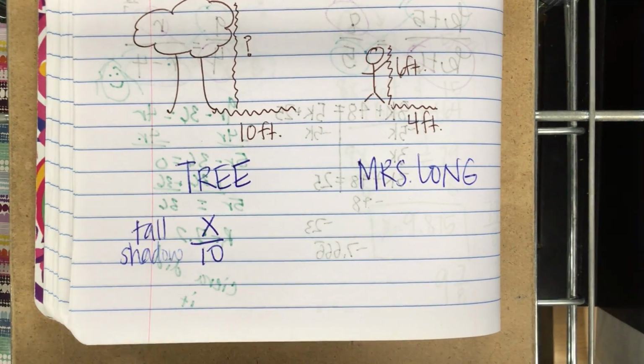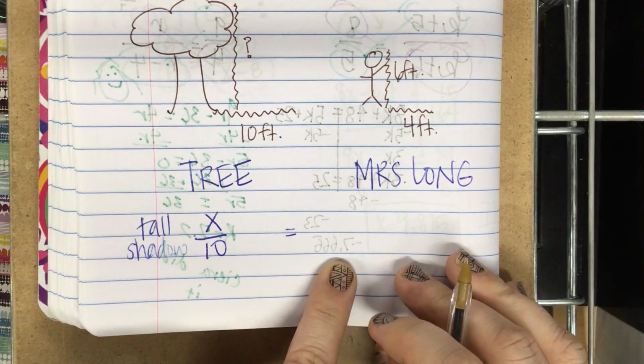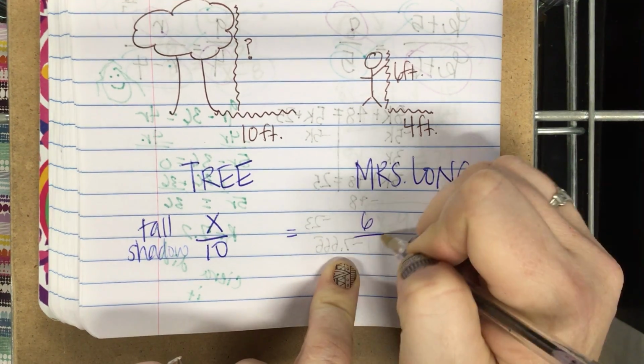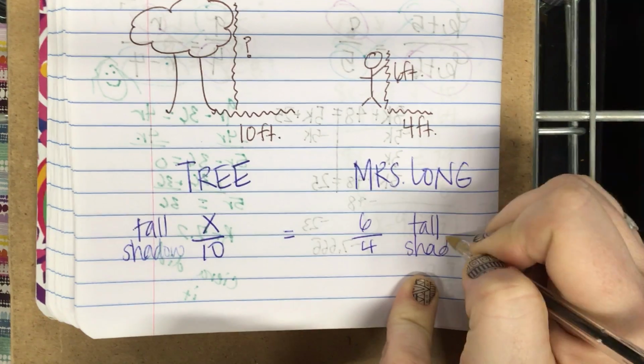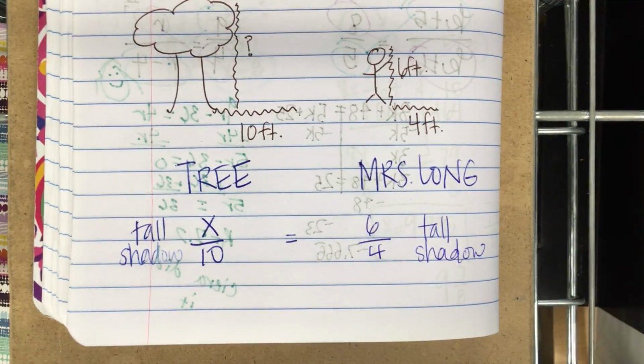X over 10 equals 6 over 4 because this is tall and this is shadow. I have to make a fraction for my tree, and I have to make a fraction for Mrs. Long. Those are the two things that I'm measuring. I'm using indirect measurement of the tree and Mrs. Long to figure something out.